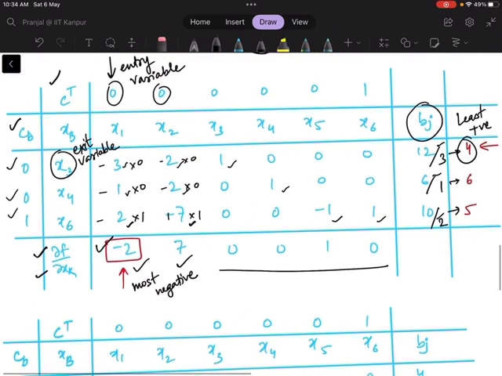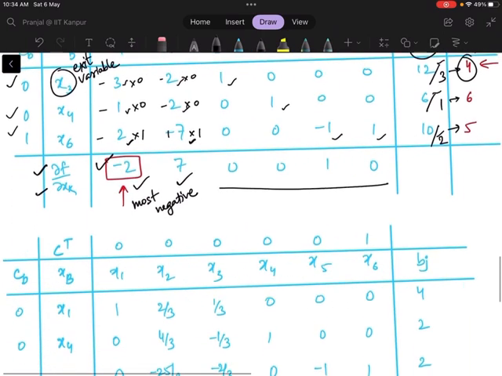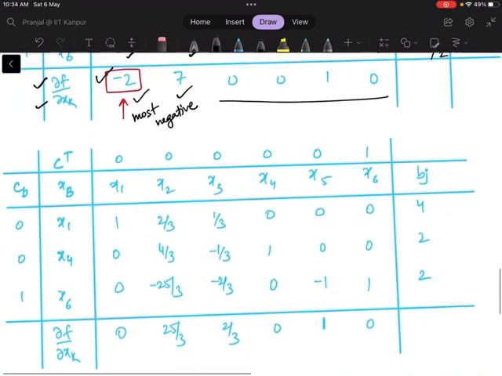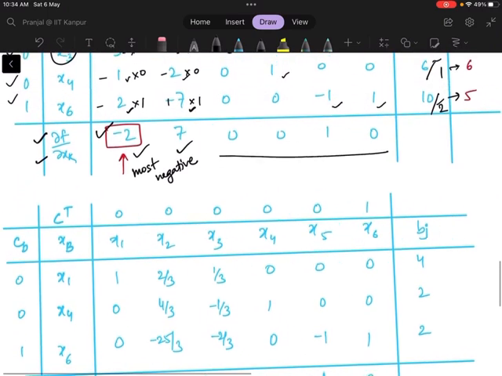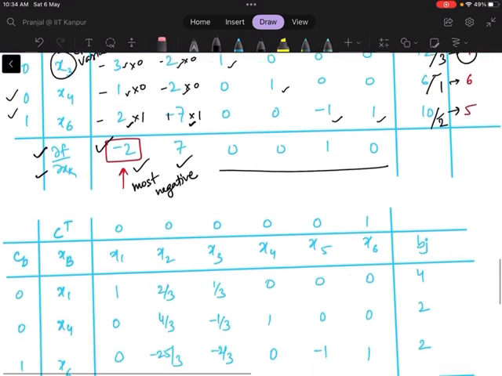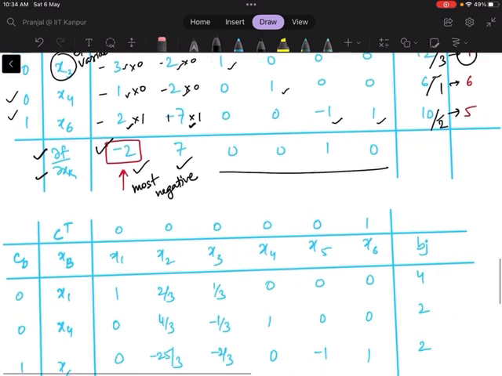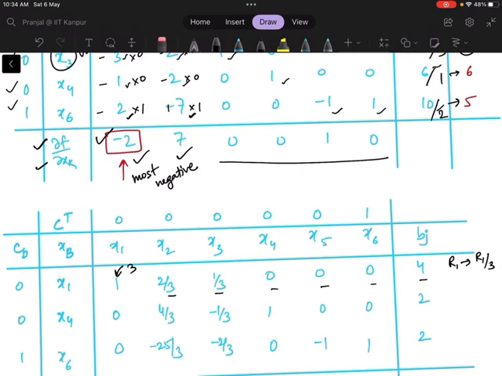Alright. So we create the next tableau. Earlier this was 3 and we want to make it 1. So instead of r1 we take r1 by 3, and all these terms take the corresponding values. So this becomes 2 by 3, 1 by 3, 0, 0, 0 and 4. Now earlier this was 1 and now we want to make it 0.